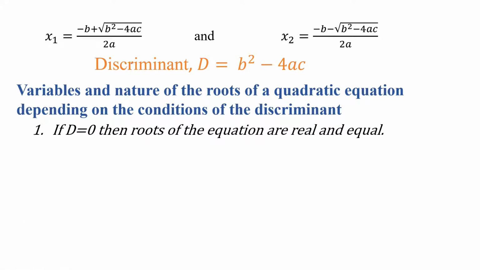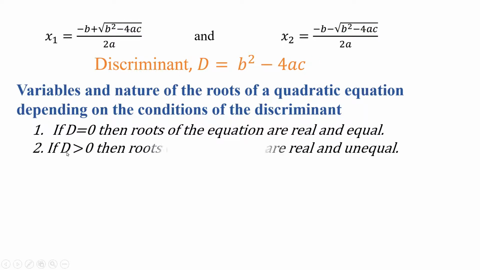That means if D is equal to 0, then this part is 0, this part is 0. Then the first root is minus b by twice a, the second root is also minus b by twice a. Therefore, we get the roots of the equation are real and equal.